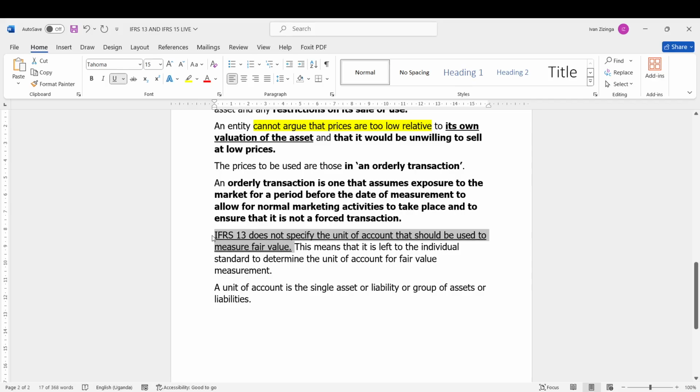So what happens? Management has the chance to ascertain or to assess which unit of account to use in their fair value measurement. This one here subjects the financial statements to biasness.